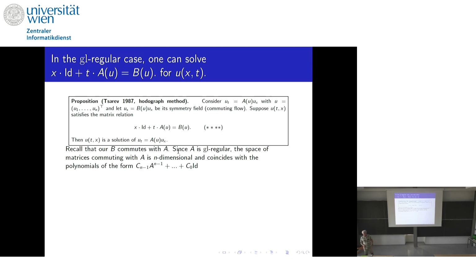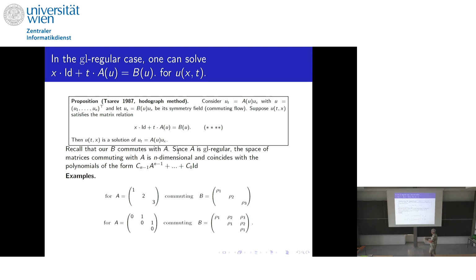Taking the coefficients, we take a matrix commuting with A, and every matrix commuting with A, provided A is Jordan regular, has this form. So this is a linear algebra statement, and I simply recall it in two examples.